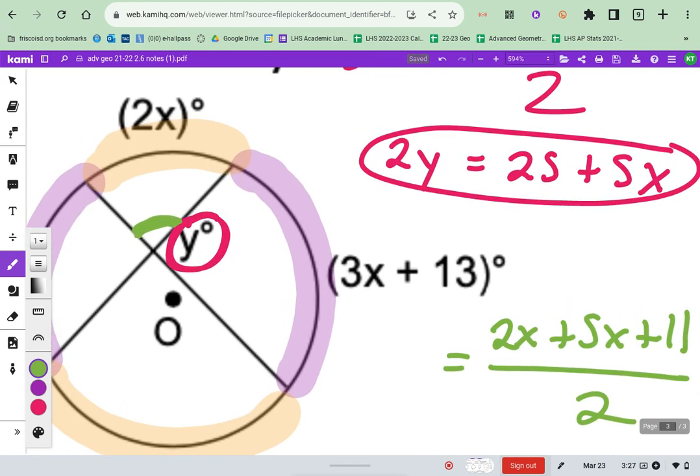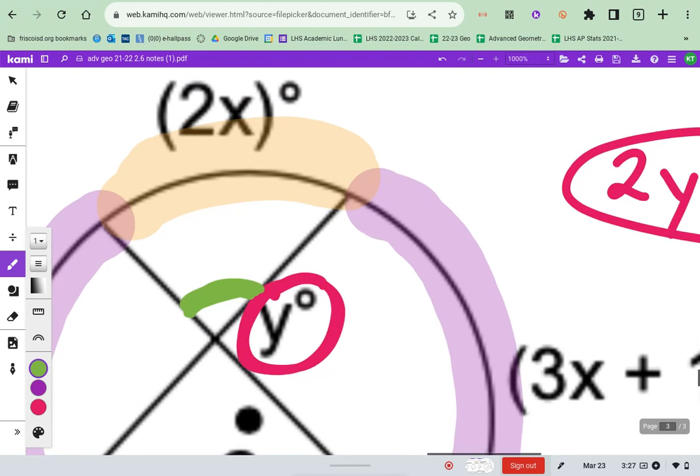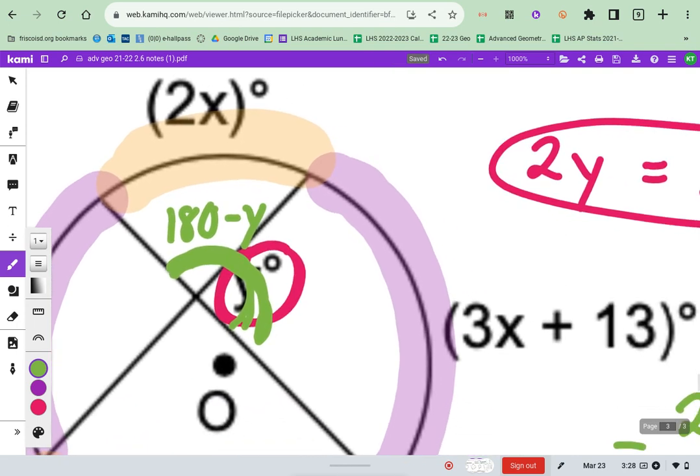So now we have to write an expression for what it equals. So I'm looking at the angles. These 2 angles right here make a linear pair. And we've already spent y degrees of the linear pair, so this other piece is just 180 minus y. So the equation that we just wrote is equal to 180 minus y.